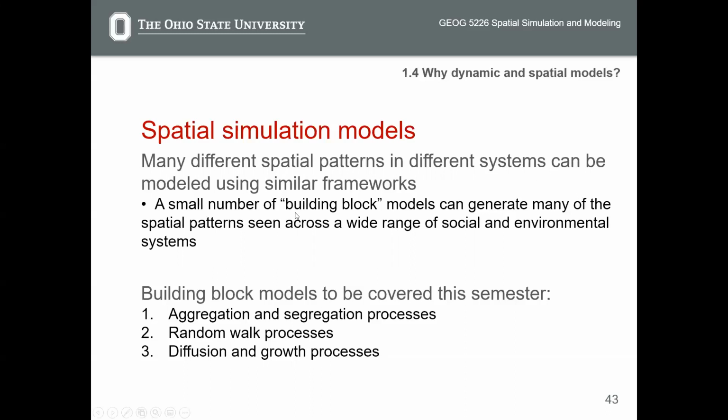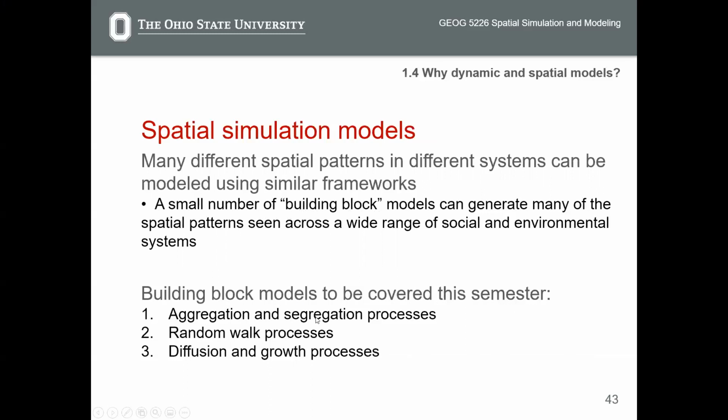So in this course, we're trying to discuss and learn how to build several commonly used building blocks. And from these generally used simulation models, you can use them for your specific research as long as the pattern matches. Okay, building block models to be covered this semester.